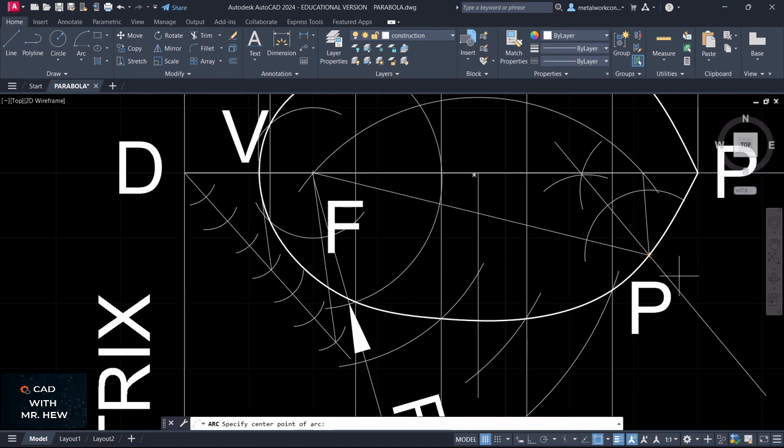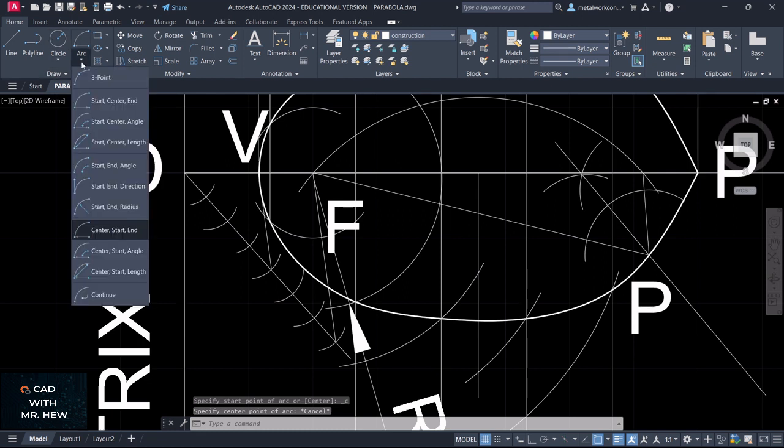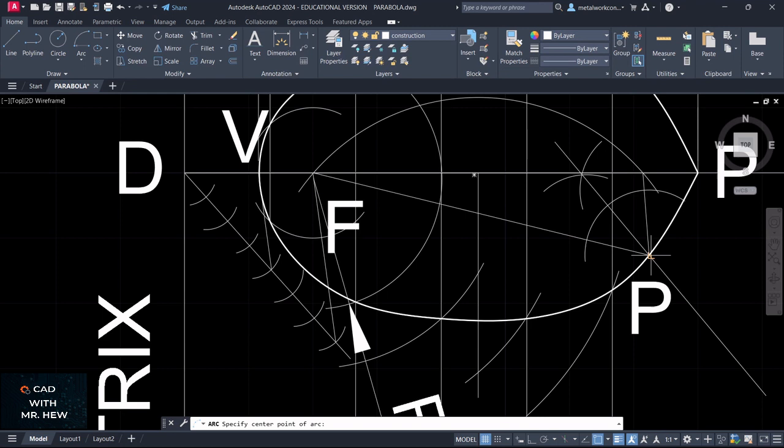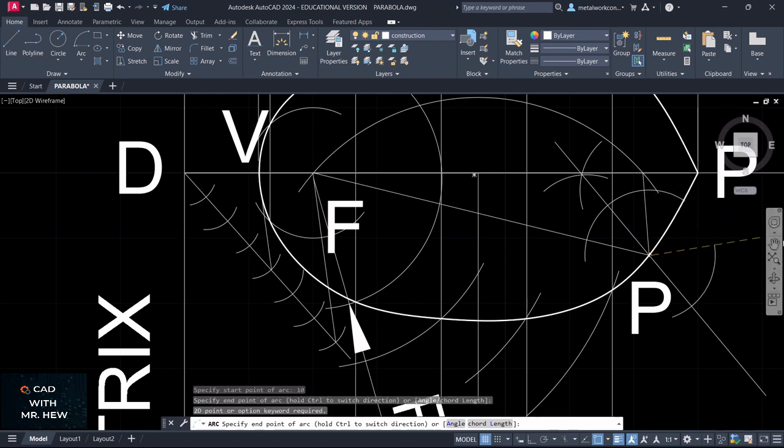So we have the normal. The radius here we want is 10 again. So we go center, 110, enter. And we're gonna go all the way around. All right, enter.